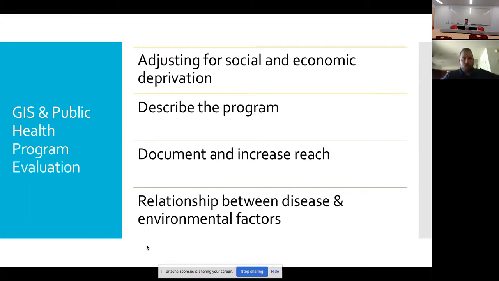The current approach to program planning for the SNAP-Ed program uses only census tract data to determine if a physical location qualifies for our services.